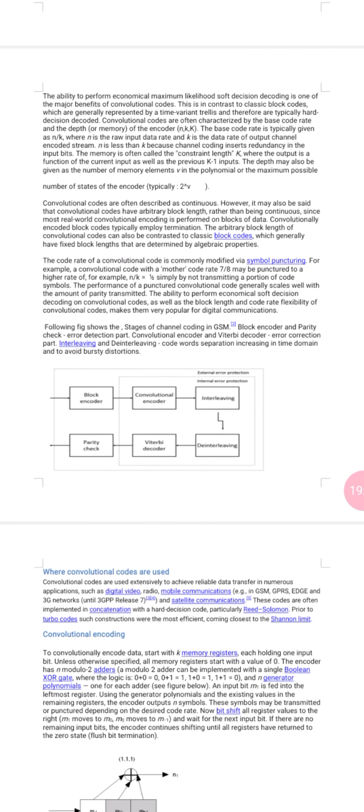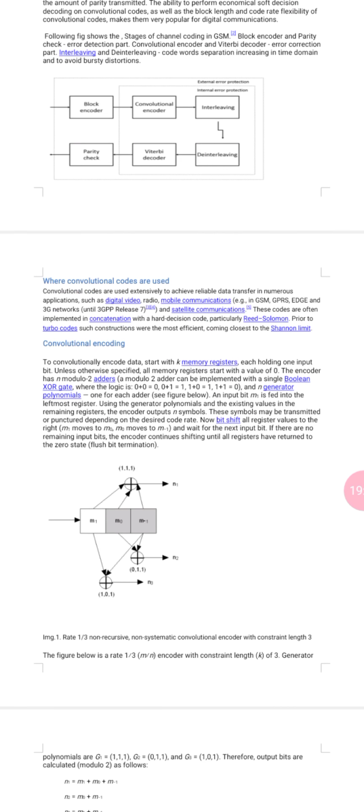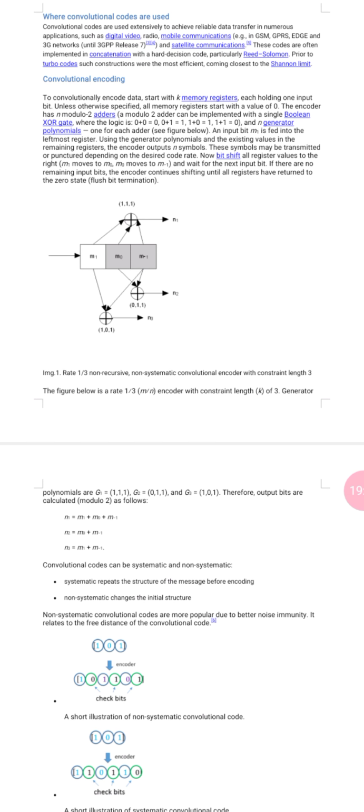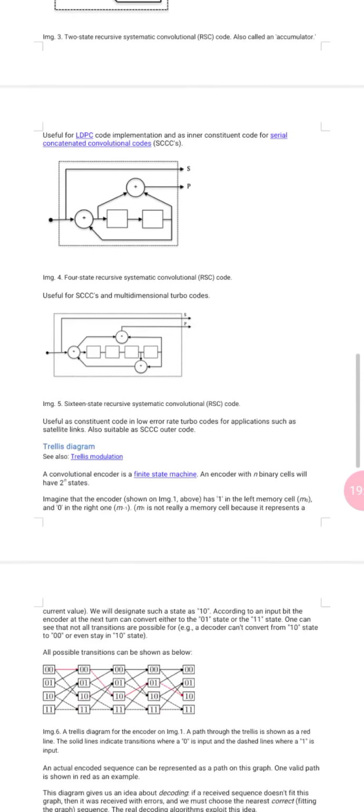Now we saw which blocks are covered in internal error protection, which are present in external error protection, and what the function of each block is. Okay, after that, convolutional encoding, we have studied for 1 bit, 2 bit, 4 bit, 8 bit. These are the diagrams for that, right?